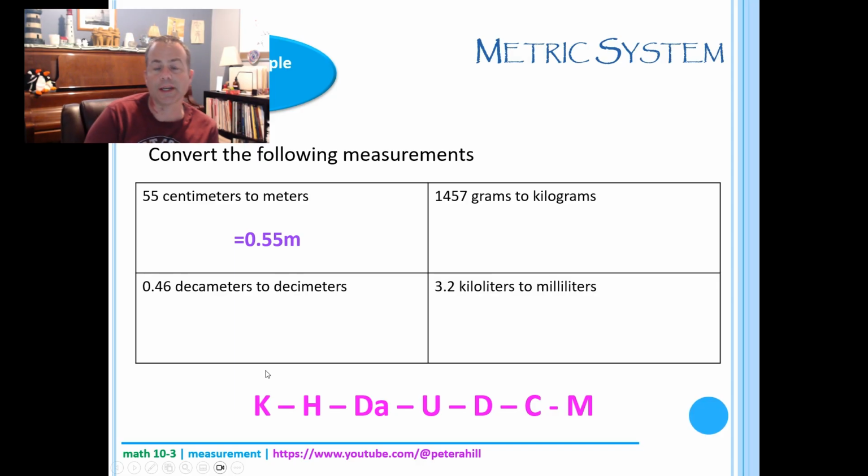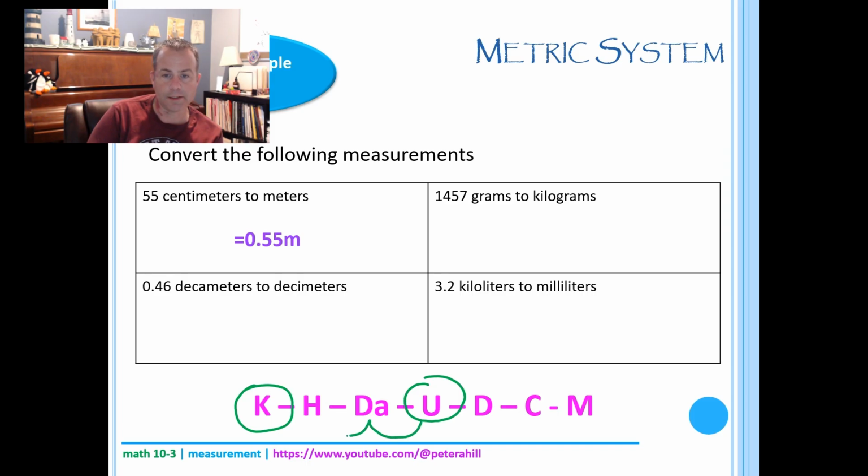Okay, so I've got the sentence down there and I've got the 0.55 meters. Now let's take a look at 1,457 grams and we're going to see if we can put that into kilograms. Okay, so I'm going to go from grams, which is my unit, and I'm heading over to kilograms. So how do I do that? I go 1, 2, 3 to the left. I'm just going to put a little arrow there to remind us of the direction.